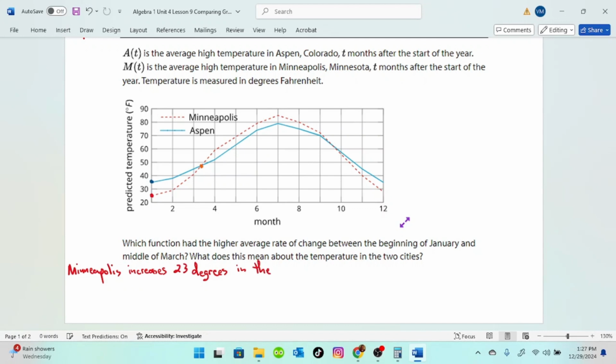In the same time, Aspen only increases, looks like about 13 degrees.